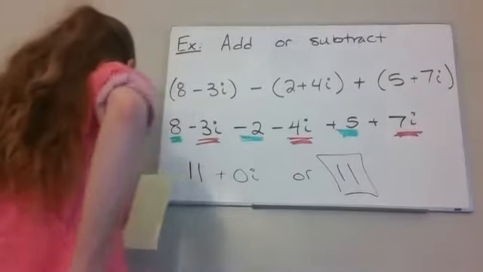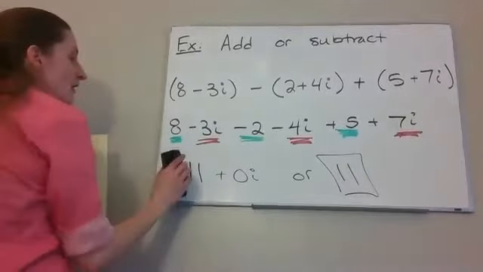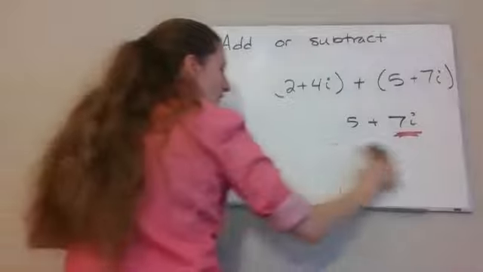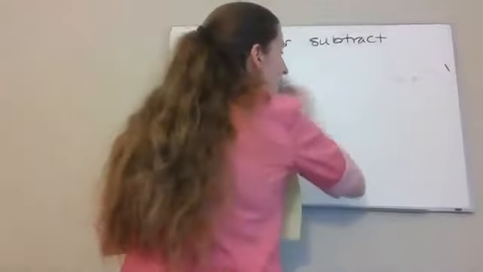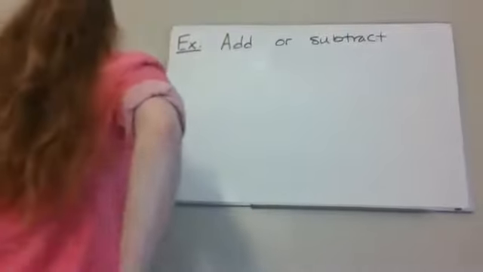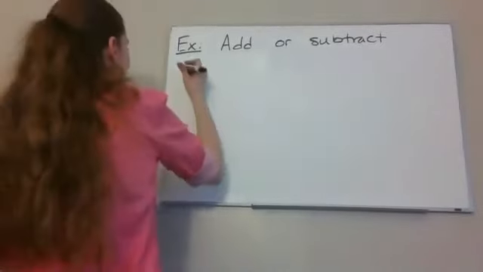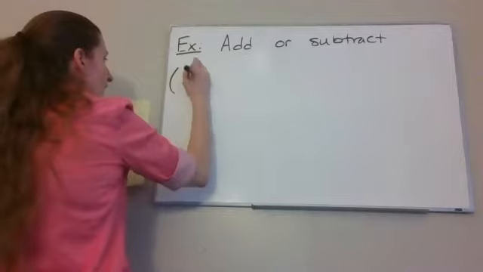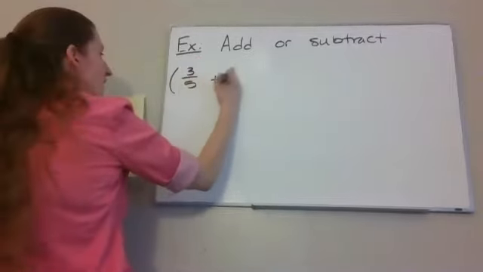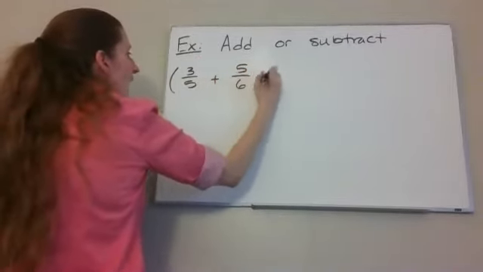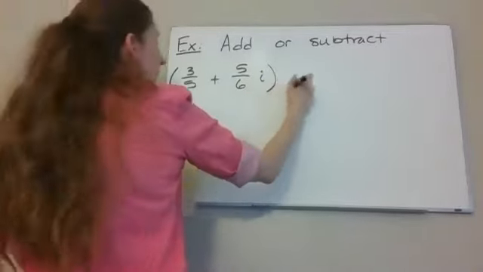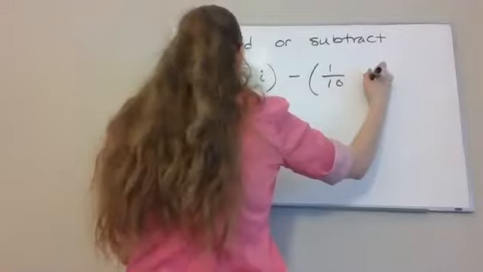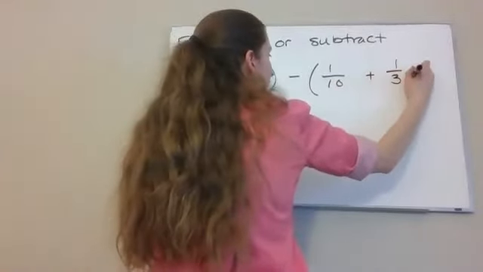Let's do another adding and subtracting problem, but introducing something that I know everybody enjoys. We're going to throw some fractions into this problem. So let's do the complex number 3/5 plus 5/6i minus the complex number 1/10 plus 1/3i.